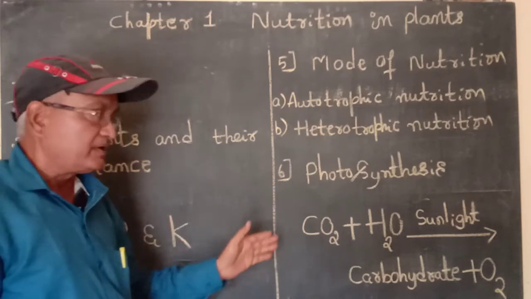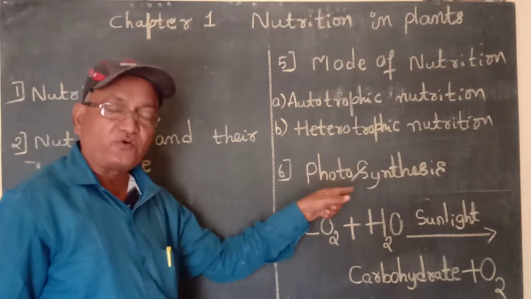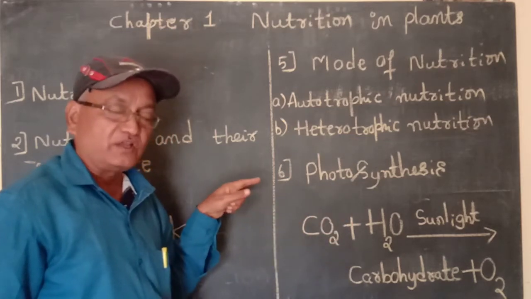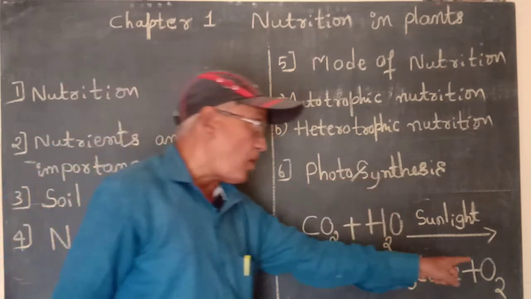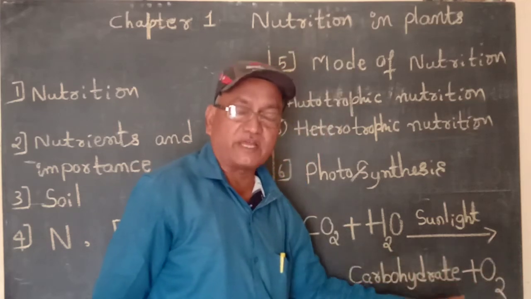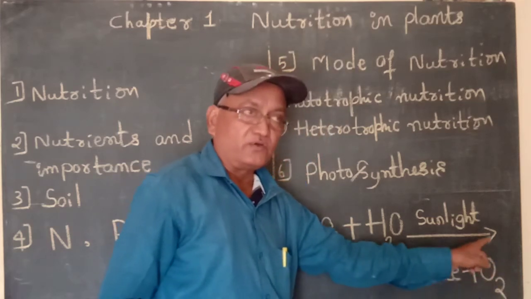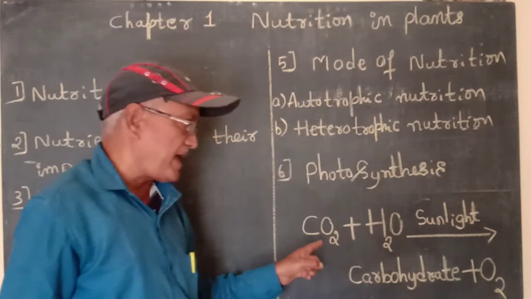At the same time, in the process of photosynthesis, plants release oxygen to the atmosphere. We need oxygen for our survival. We breathe in oxygen and breathe out carbon dioxide.